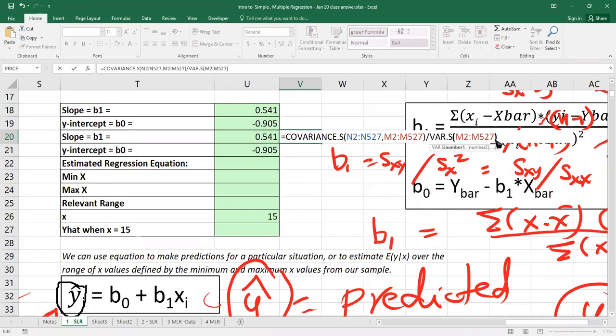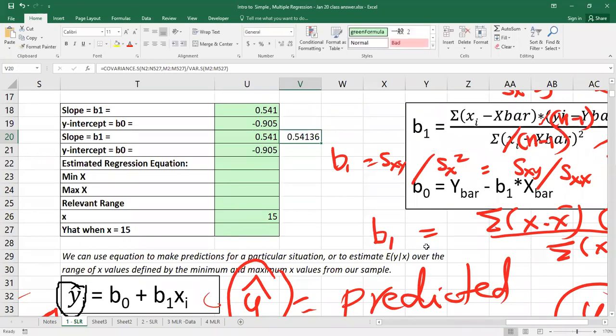Okay, clear to guys. Sabi natin yung slope B1 is equal to the covariance of x and y divided by the variance of x. Control enter. You get the same thing. Or let me just copy this.